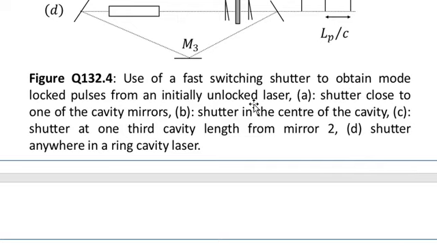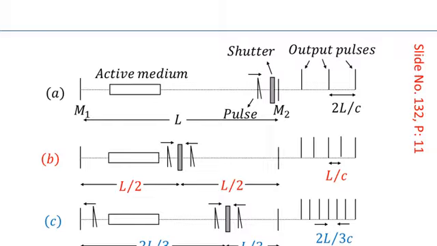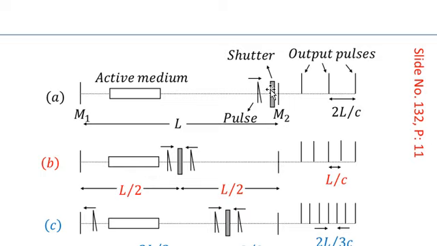Initially the laser is unlocked, but when you have placed a switch, only the desired pulses will pass through the switch and the laser becomes locked. The shutter close to one of the cavity mirrors is discussed in part A. For example, here the shutter is placed close to mirror 2.